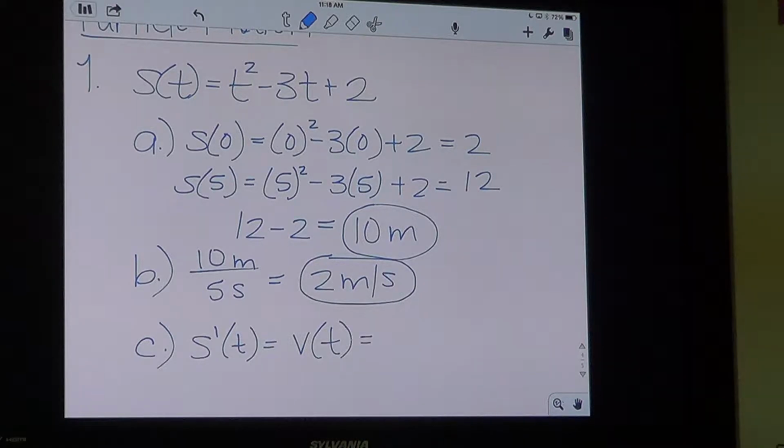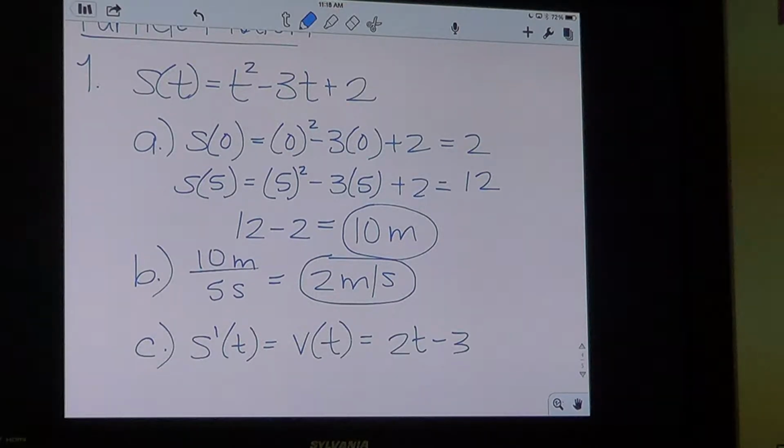So we have to do the derivative first and then plug in for t? What's the derivative of the position function? 2t minus 3.